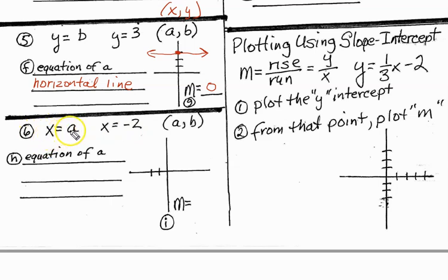X equals a. Well, in our ordered pair, the a refers to the x item, such as x equals negative 2. Well, this is a special equation of a vertical line.